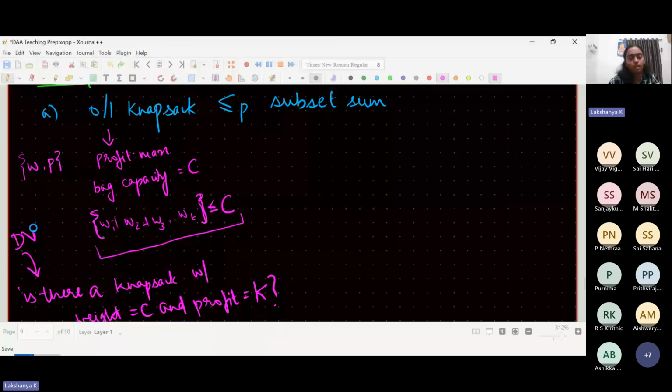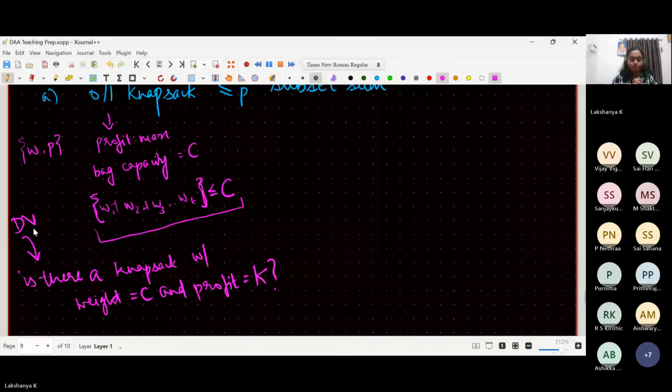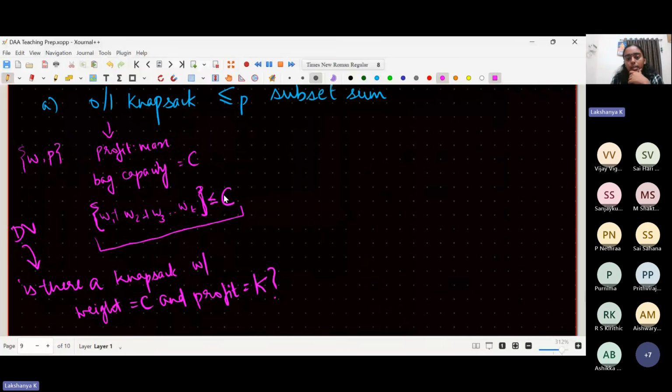So profit, some value of K I'm choosing, weights, some value of C. Now I'm asking you, is there a knapsack like this? So how can I reduce this to subset sum? It's very simple. So you have weight 1, profit 1, weight 2, profit 2, let's say weight n, profit n.